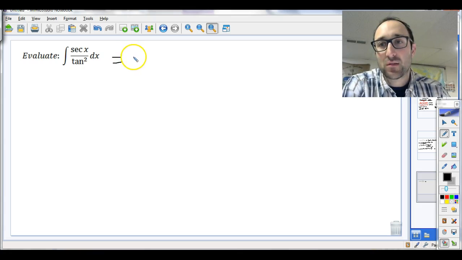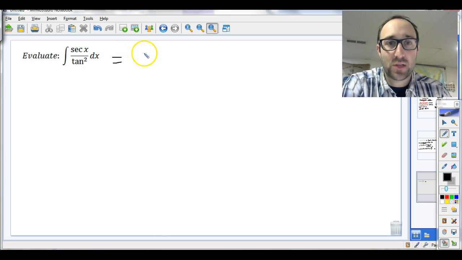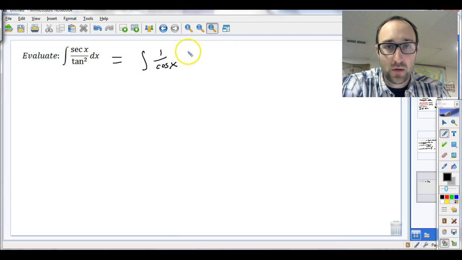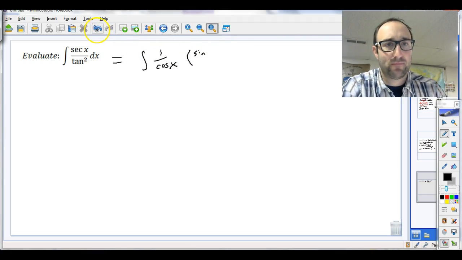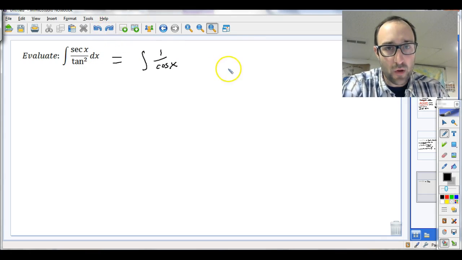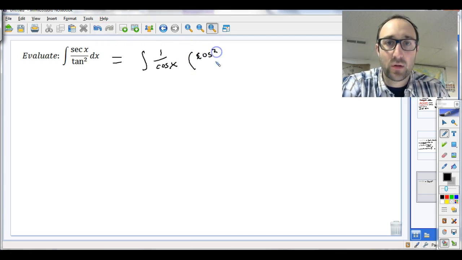Remember what secant is? That's right, it's 1 over cosine. And what's tangent? So I can really say this is like 1 over cosine x, and tangent squared is sine squared over cosine squared, but since it's in the denominator, we can say this is going to be cosine squared over sine squared x.